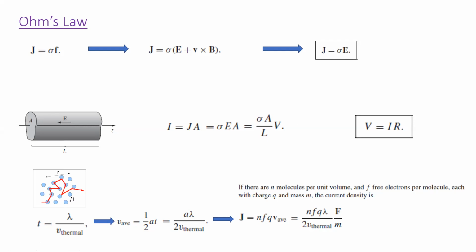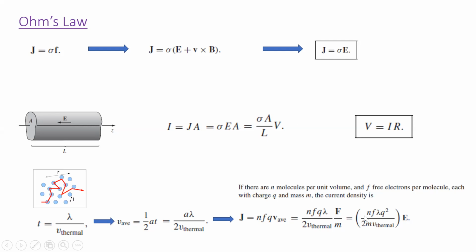And then finally, we know that F on a charge q in an electric field E is equal to qE. So we can write F equals qE. So we get nf lambda q squared over 2mv thermal times E.